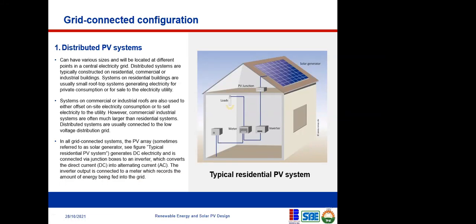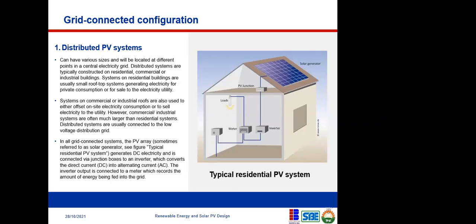So in all grid connected systems, the PV array is sometimes referred to as the solar generator. Like I said, when you're doing grid connected, in most cases it is assumed that it's the same thing as your gas power plant, only that in this case the primary source of energy is solar instead of gas.